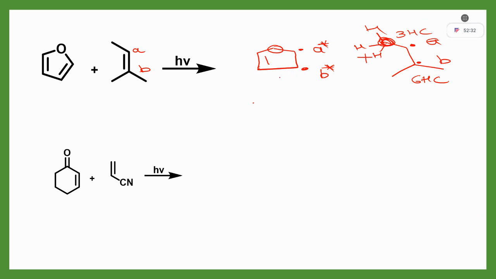This B radical can be stabilized by this allylic. This is allylic radical, stabilized by resonance. So obviously, if this is stable, first this will combine.